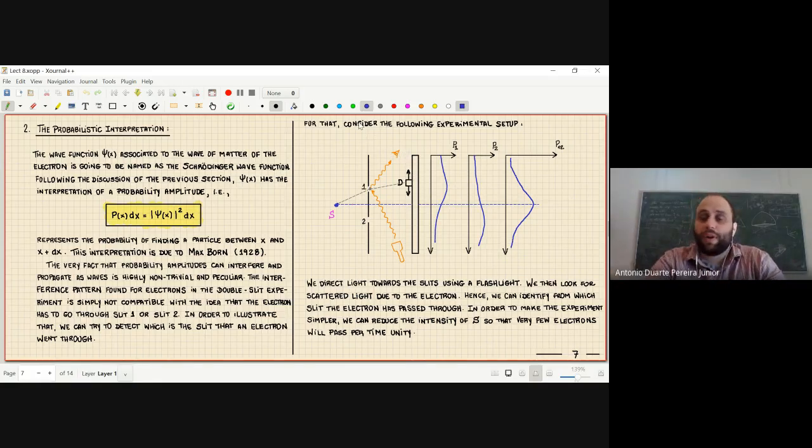Okay, that's very different from Newtonian theory, because Newtonian theory is completely deterministic. I mean, you have a particle that moves according to Newton's law, and if you know all the forces that act on the particle, you have that the total force is the mass of the particle times its acceleration.